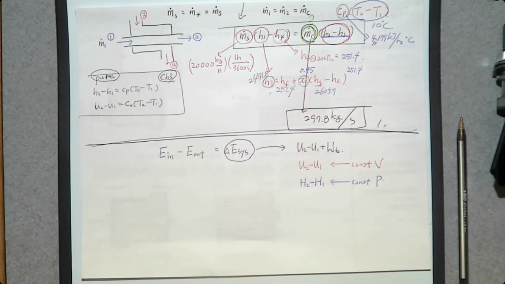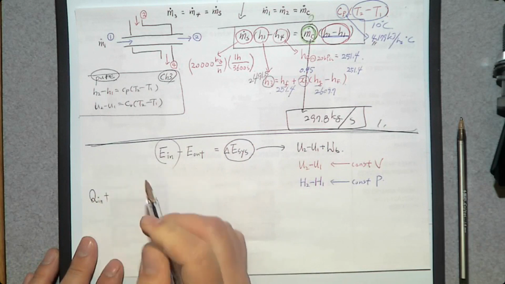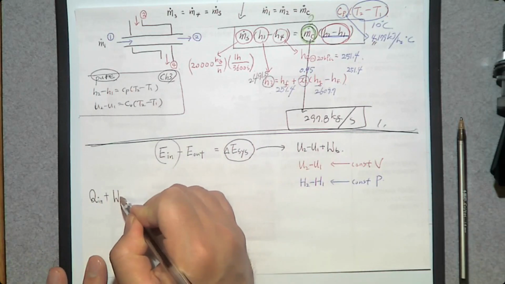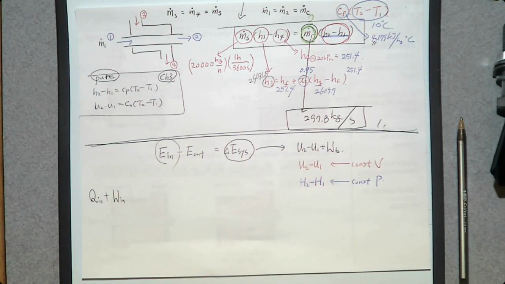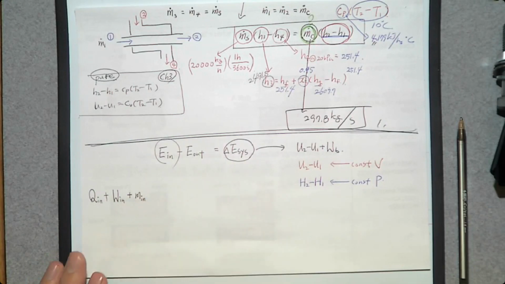So that's how we determine the right-hand side. What about the left-hand side? Energy transfer into a control volume. What kind of energy transfer did we study? There is energy transfer by heat Q, and energy transfer by work W, and energy transfer by mass entering the control volume, m that goes into a system.